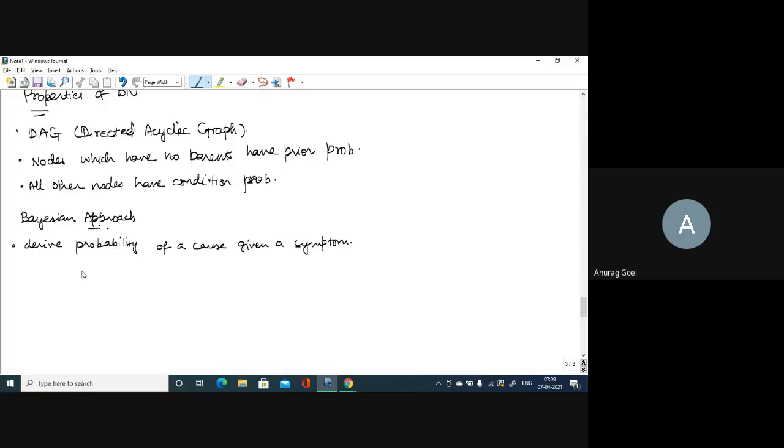Especially, they are very useful in diagnostic systems, for example medicine and computer help systems.